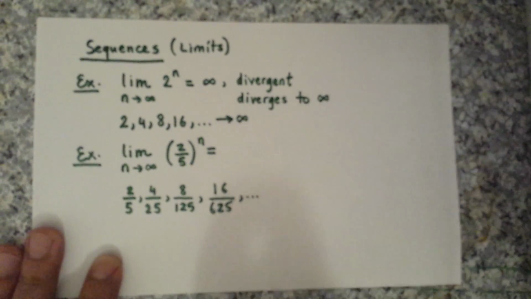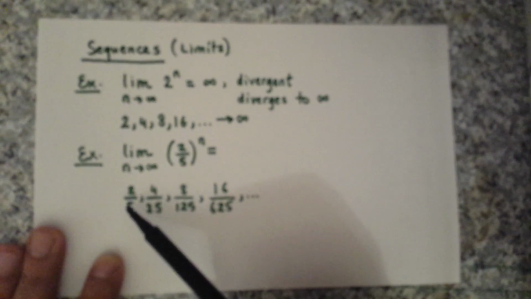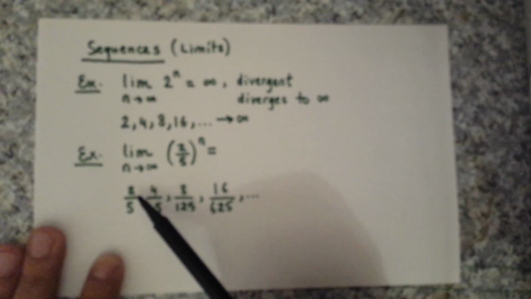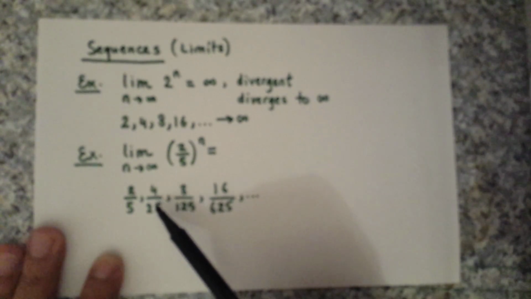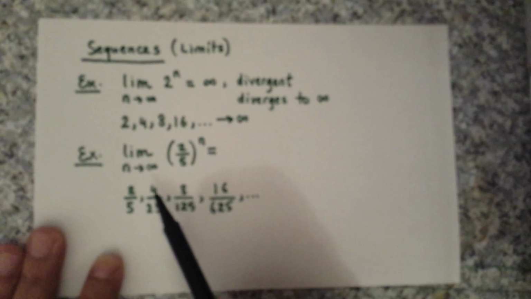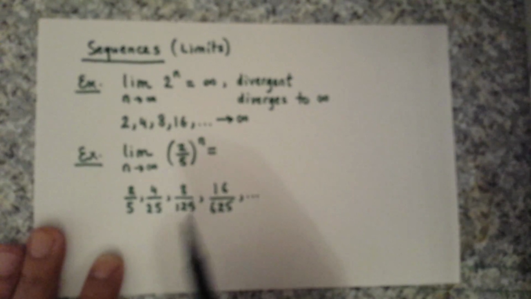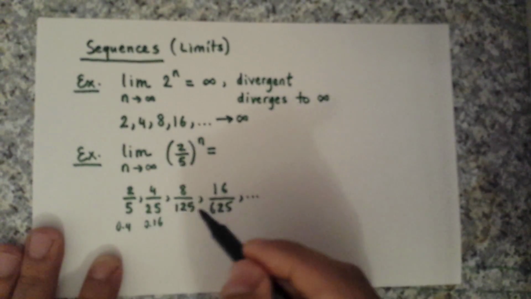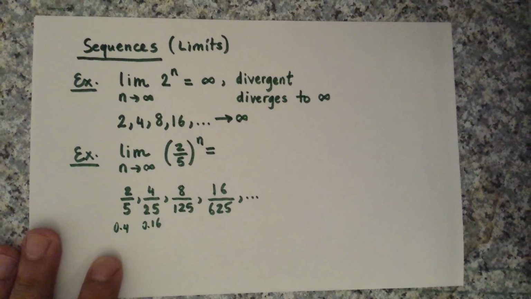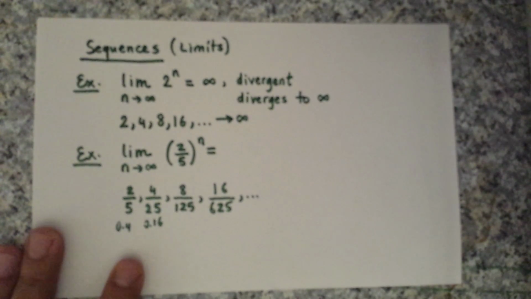As you see, the ratio 2 over 5 is 0.4. This will be 0.16. You can multiply by 4 and see 16 over 100, which is 0.16. So this is 0.4, this is 0.16, and you can calculate the others, but it's just getting smaller and smaller. The denominator gets larger much faster than the top because 5 is greater than 2.